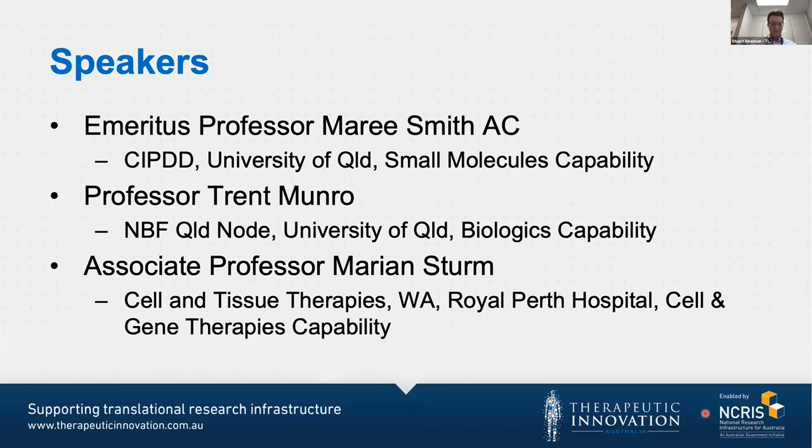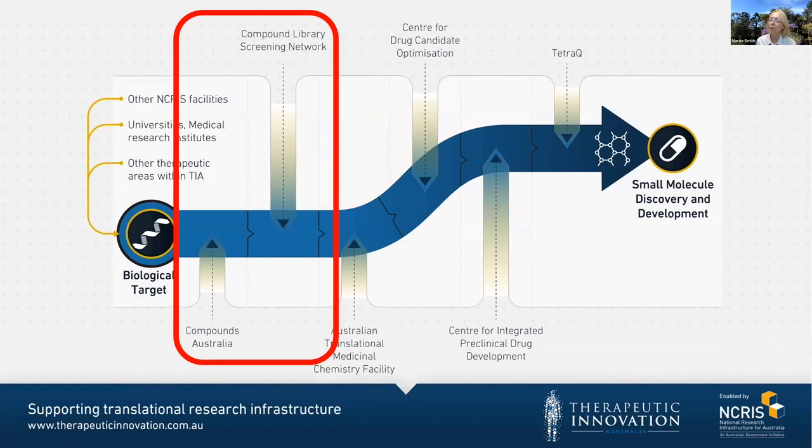capability. In Australia, the majority of biomedical research is undertaken in universities and medical research institutes. And this research is rich in novel drug targets, but comparatively weak in small molecules. And so one strategy for addressing this has been formation of the small molecules set of capabilities by Therapeutic Innovation Australia.